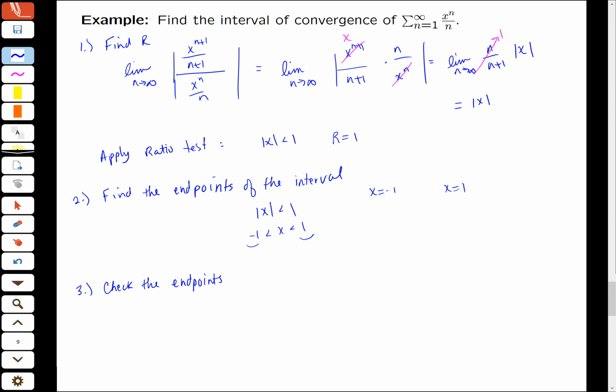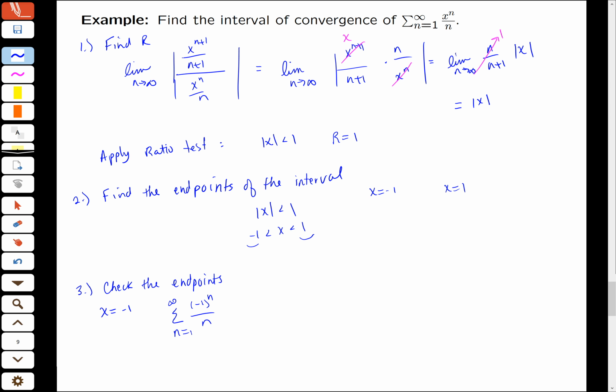So let's check the endpoints. When x equals negative 1, plug it into the original series. We're going to have negative 1 to the n over n. Does this series converge or diverge? Converges. Why does it converge? Alternating series test, or we called it our alternating harmonic, which I showed you converged.